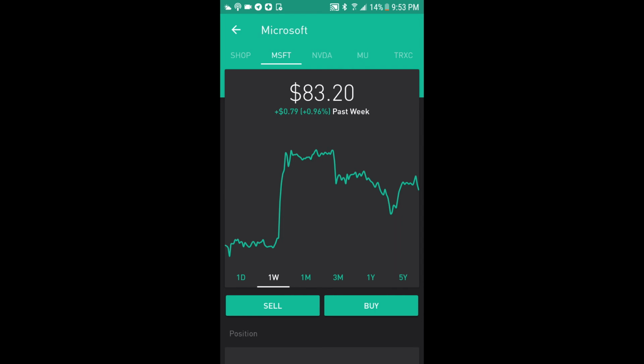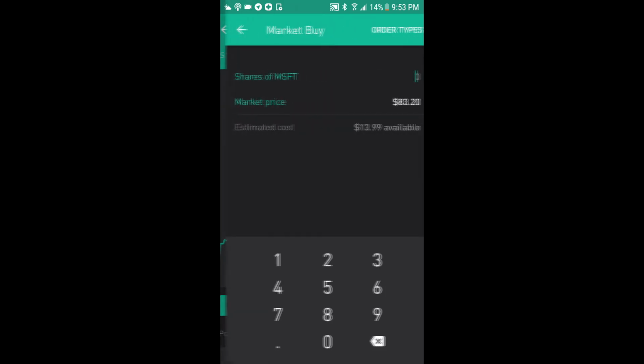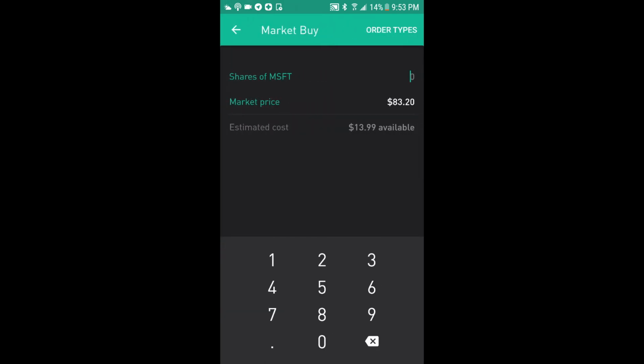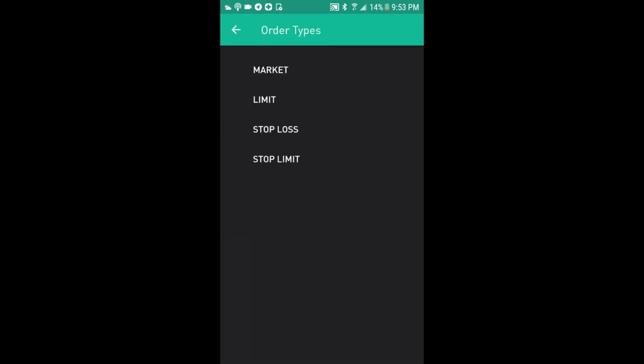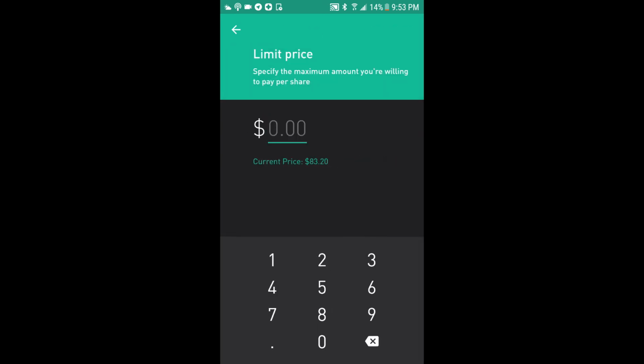Now, when it actually comes down to buying or selling a stock, Robinhood gives you 4 different options to choose from. The 4 options that they give you are market buy, which just allows you to buy the stock at the given price that it is at the moment during the day. The other order types are limit. Limit lets you buy the stock at a certain price that you're willing to pay.